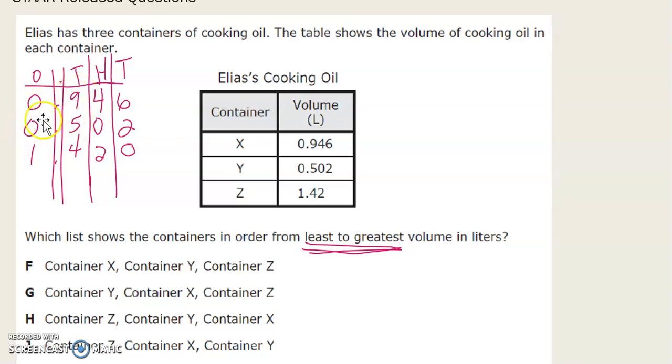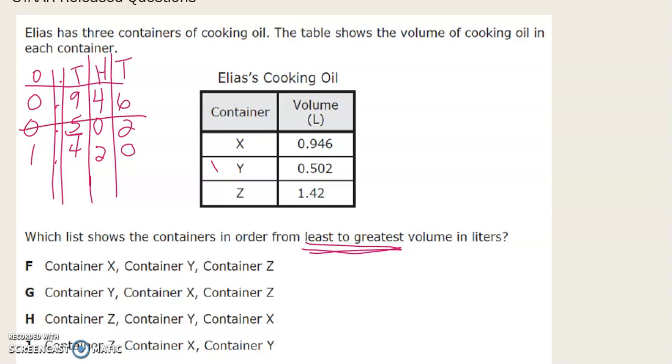Now in my tens place, I have a 9 and a 5. Since I'm looking for my least value here, I'm going to go with my 5, because that's my smallest number. This is my container Y, so container Y is going to be my smallest number. Okay, and so now I'm done with that one.